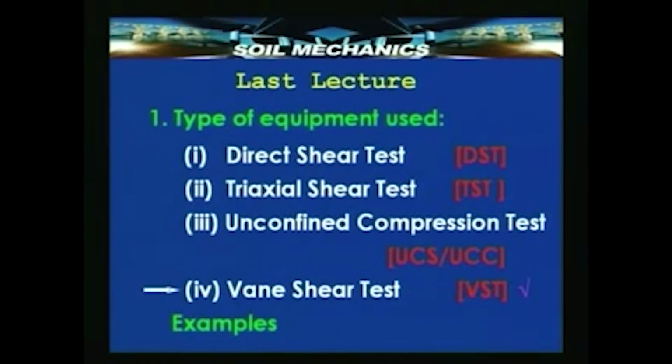Out of those, we had discussed in detail the direct shear test, triaxial shear test, unconfined compressive strength test, and in the just completed last lecture we saw in detail the vane shear test and an example on how to determine the vane shear strength from the results of a typical vane shear test.